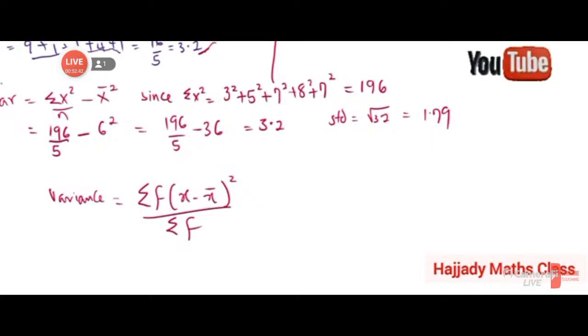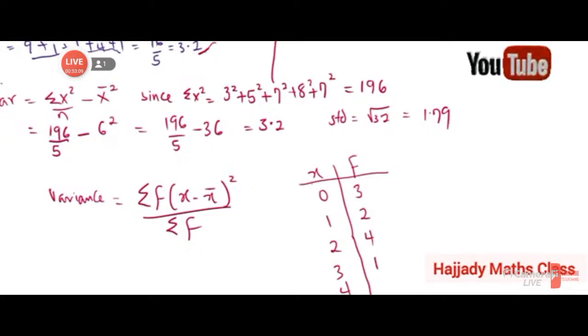Okay, so you can use this to solve this as a classwork and put the answer in the comment section. When you have x and we have f, we have x as 0, 1, 2, 3, 4, and we have the frequency to be 3, 2, 4, 1, 2.